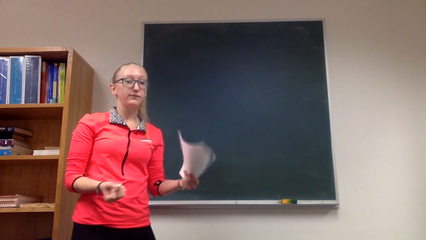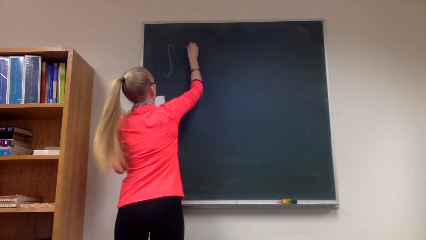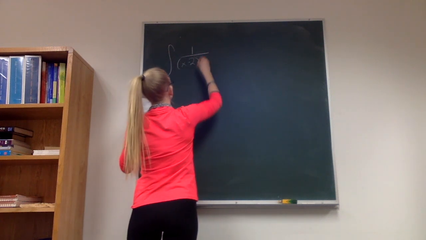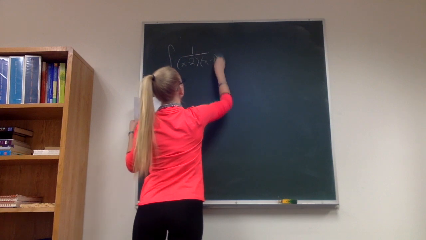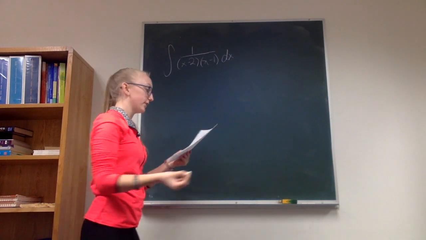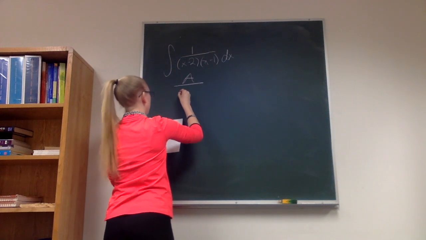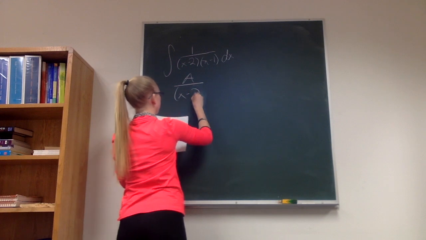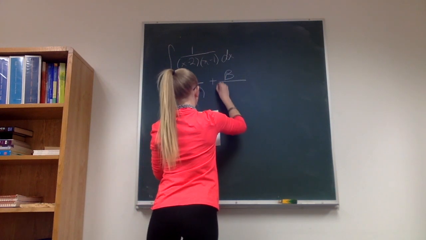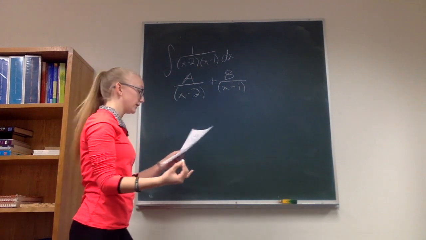Okay, so then if we follow the same process, for example, an integral of 1 over (x minus 2)(x minus 1) dx, you're going to get something a little bit different. So basically, from here, you're going to have your a over x minus 2 plus b over x minus 1, just like we did in all the other equations.